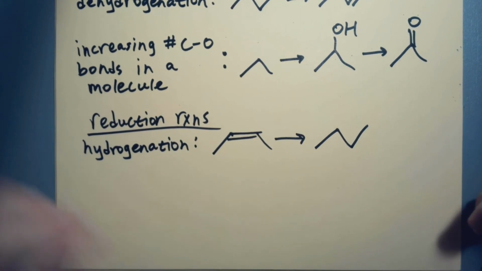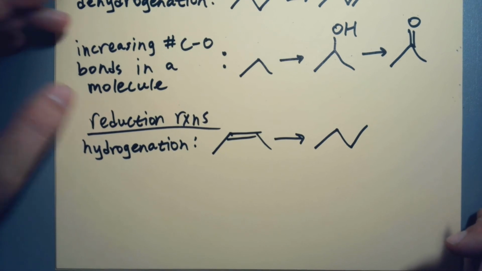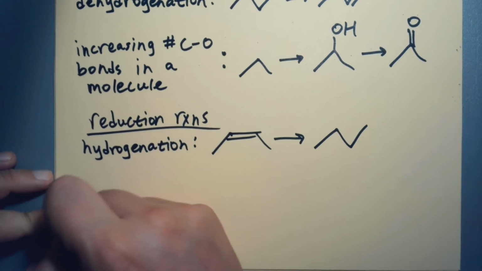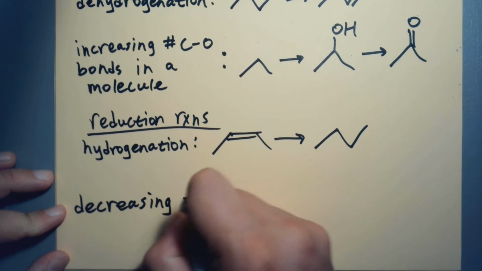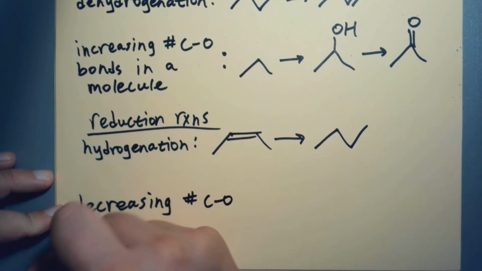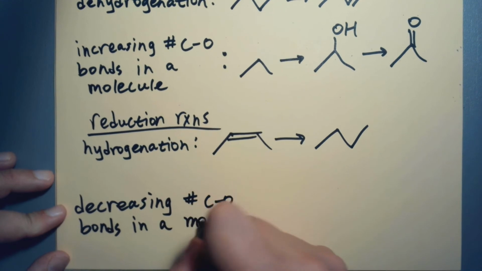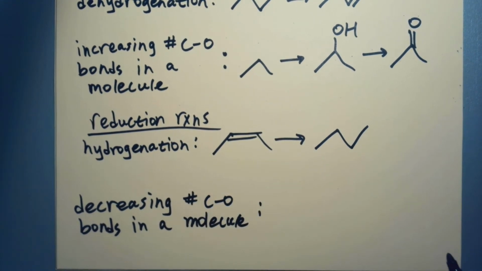And in the other situation, well, what's the opposite of increasing number of carbon-oxygen bonds? Decreasing number of carbon-oxygen bonds, alright? I ask some tough questions sometimes, I know. So, what might that look like?